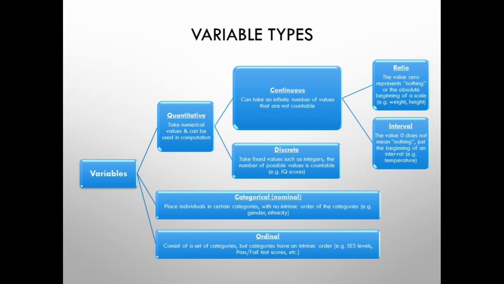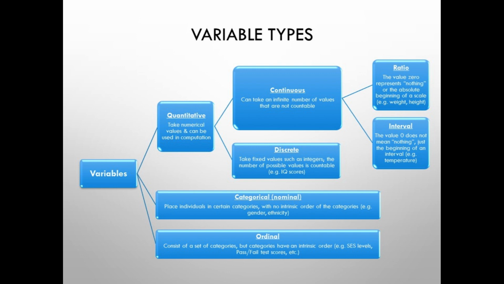As illustrated in this diagram, variables can be of different types. Some variables are called quantitative because they take numerical values and can be used for computations, like test scores, for instance. Quantitative variables can be of different kinds, though. Some of them are called discrete because they can only take specific values or rounded values, like integers.